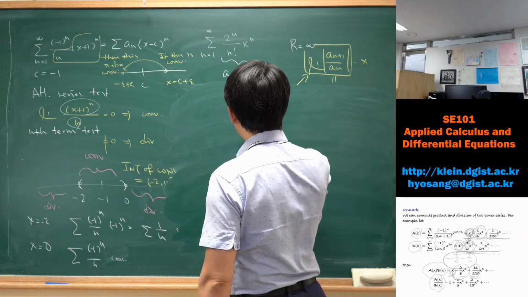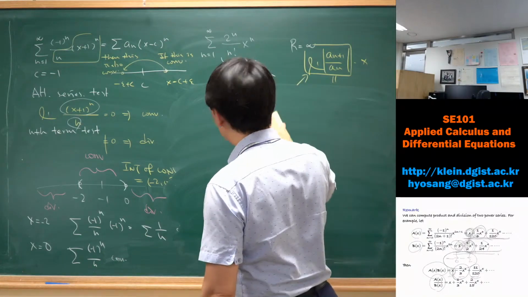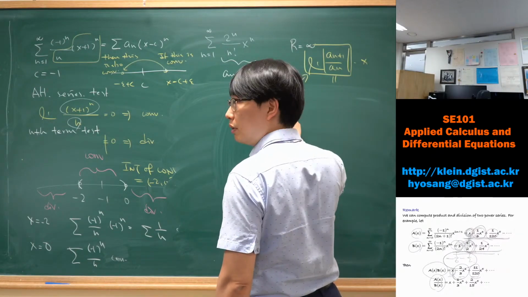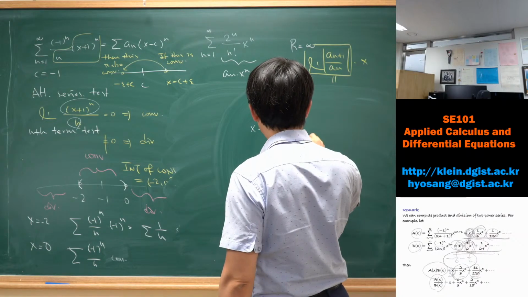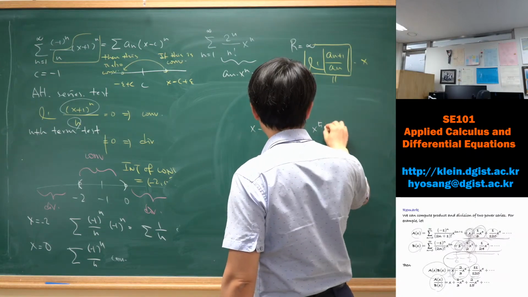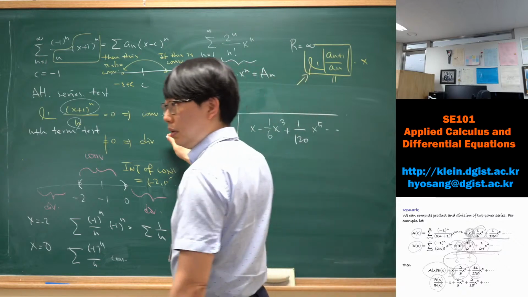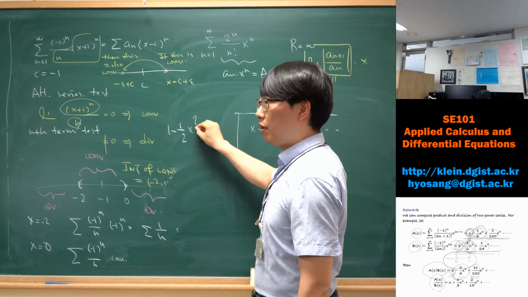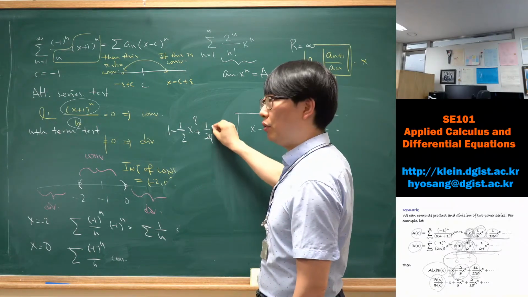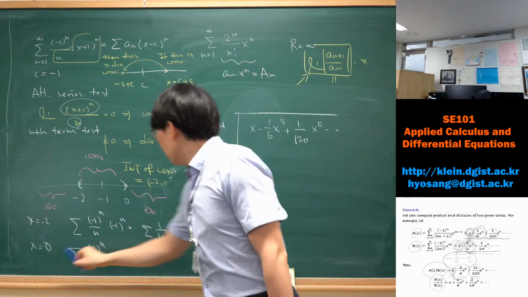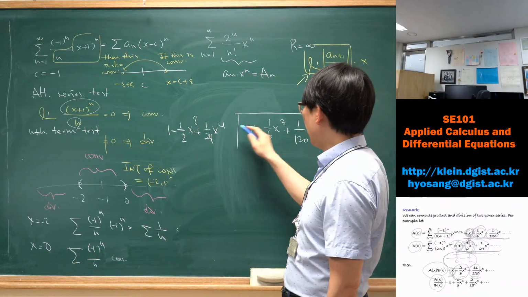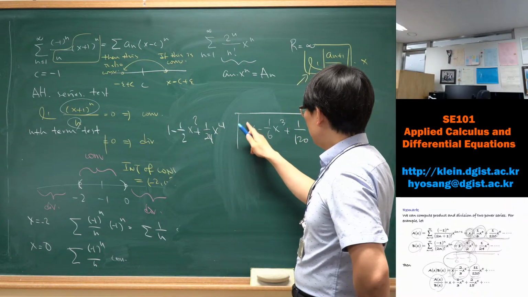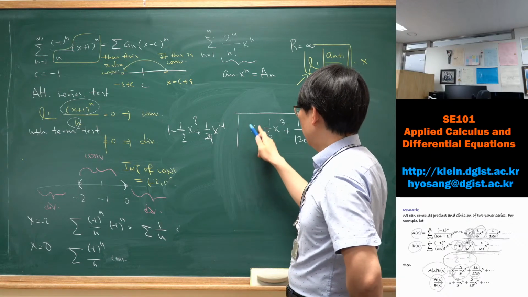We have A as x minus 1 over 6 x cubed plus 1 over 120 x to the fifth and so on, and B is 1 minus 1 over 2 x squared plus 1 over 24 x to the fourth. Try to make the lowest degree term of B match with the lowest degree term of A.